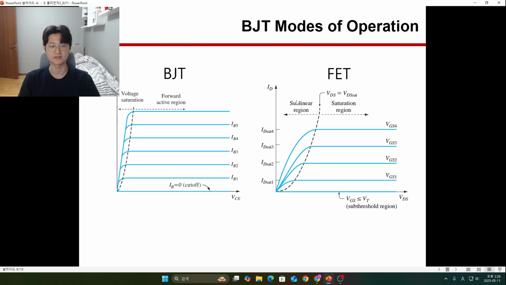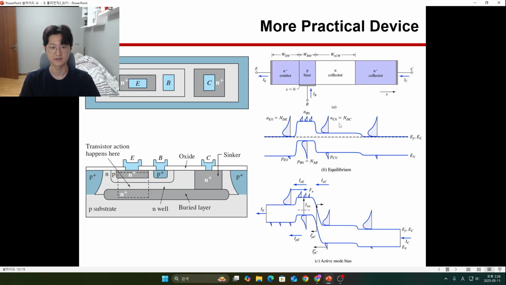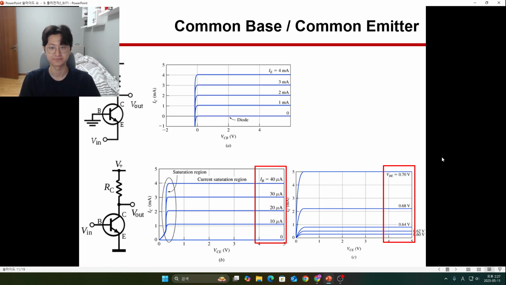This is the difference between BJT and FET. This picture is a real BJT. This is common base and common emitter.